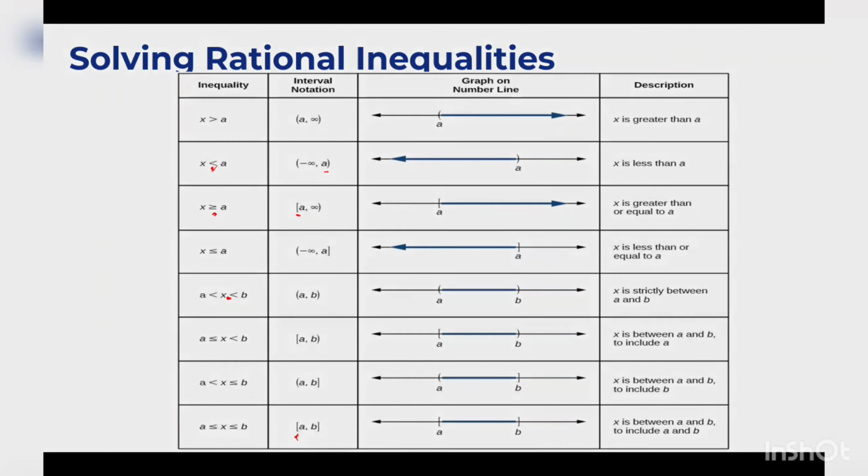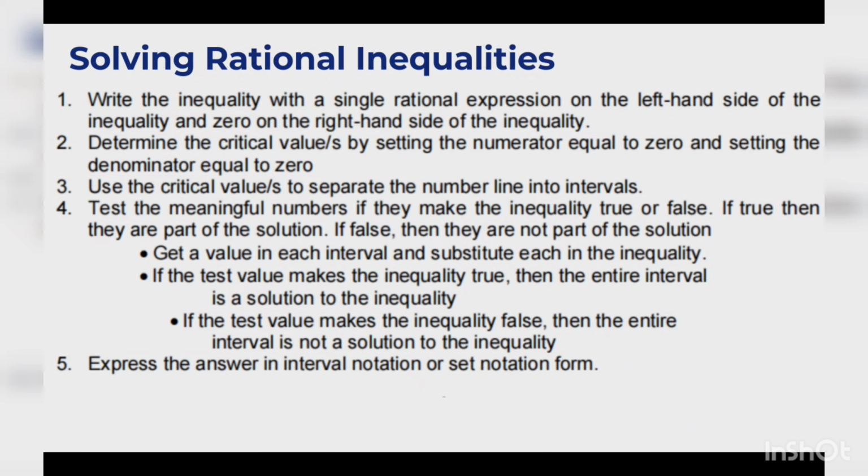So now let's try solving rational inequalities. And these are the steps when you solve for rational inequalities. First, make sure to write the inequality in a form such that on the right side of your inequality, you only have 0. Next, determine the critical values of your rational inequality and test them.